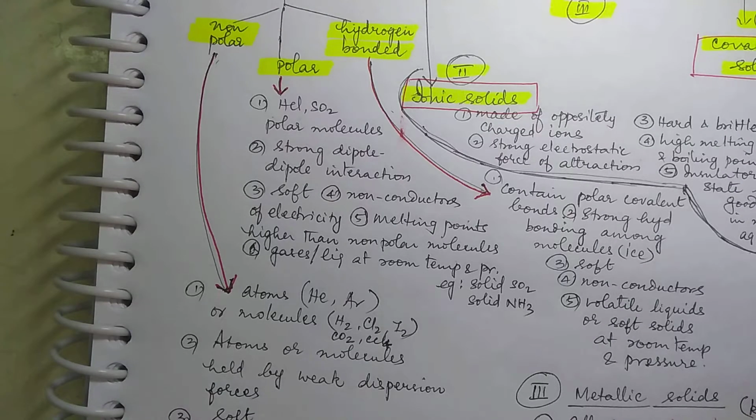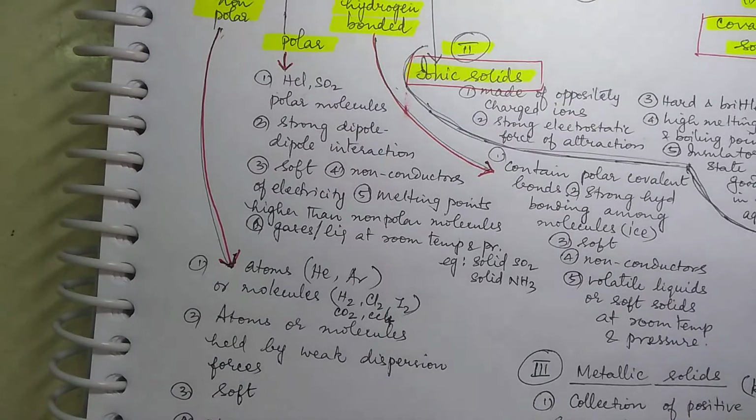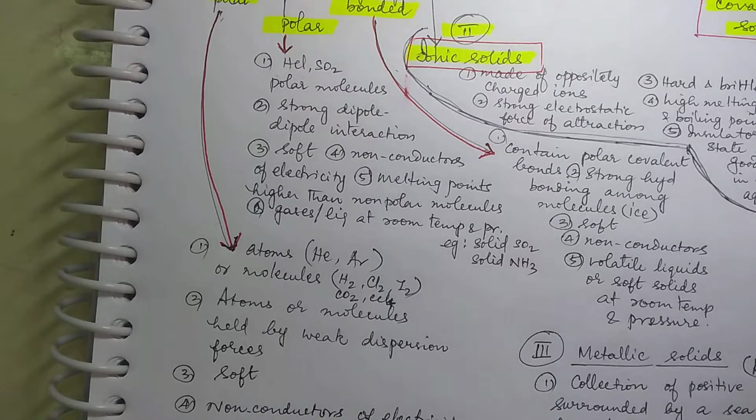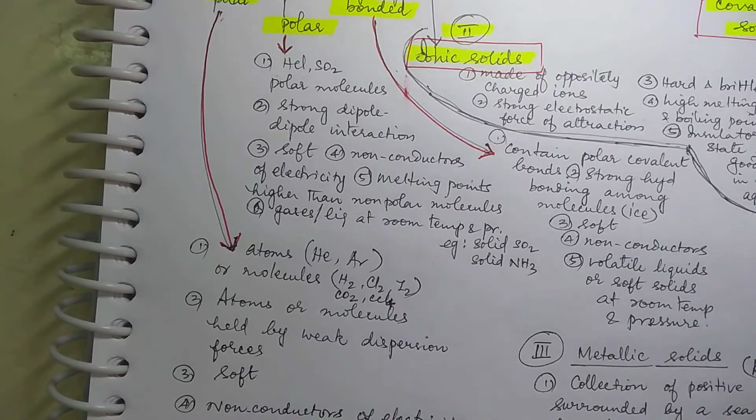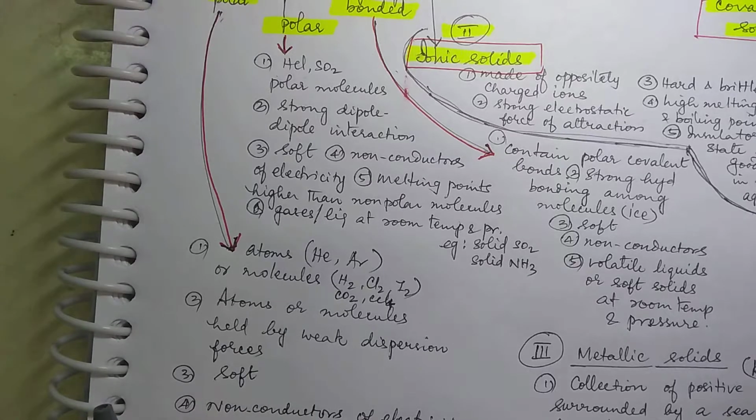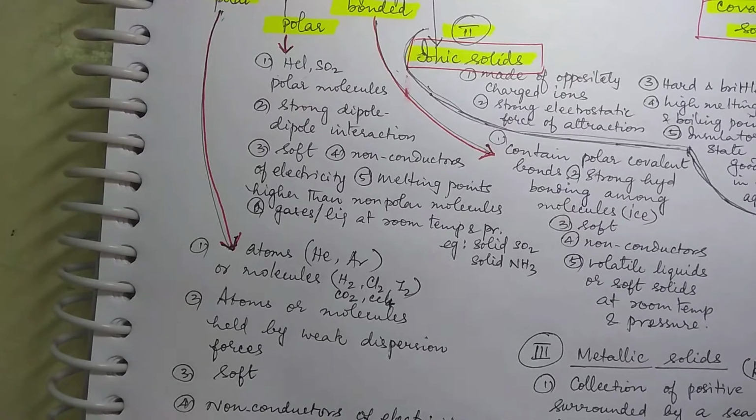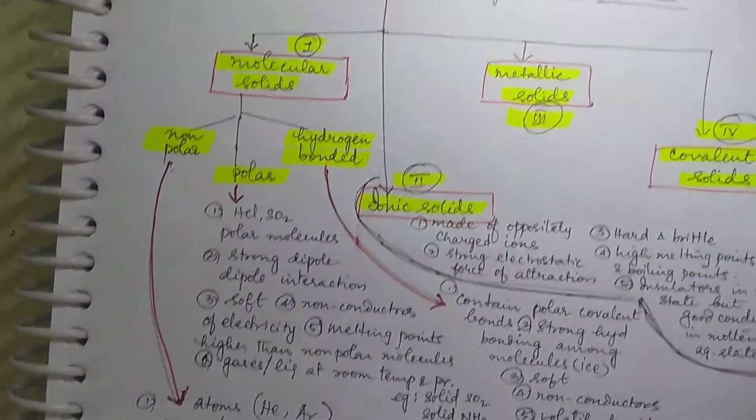They have low melting point, everything depends upon intermolecular forces. They usually are gases or liquids at room temperature and pressure. So under a set of conditions, you are making them in the form of solids. Otherwise, they are gases or liquids. That is the first category.